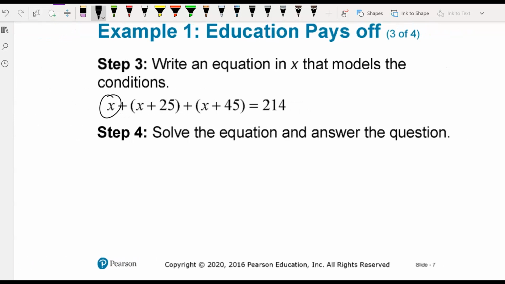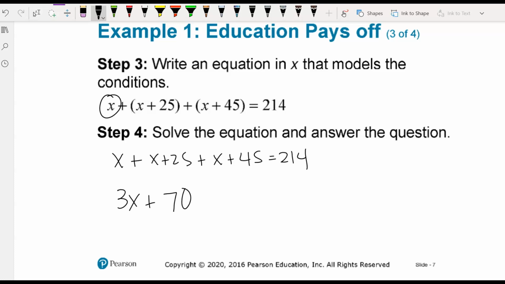So we drop the parentheses because we don't have anything to distribute. So x plus x plus x is 3x. 25 plus 45 is going to be 70, equals 214.